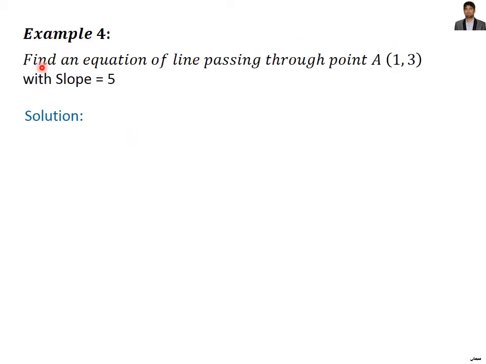Example number 4, find an equation of line passing through point A (1, 3) with slope 5. So we have here a point and slope. It means we should use point-slope form, which is y minus y1 is equal to m times (x minus x1). So y1 is 3, x1 is 1, slope means m means 5.